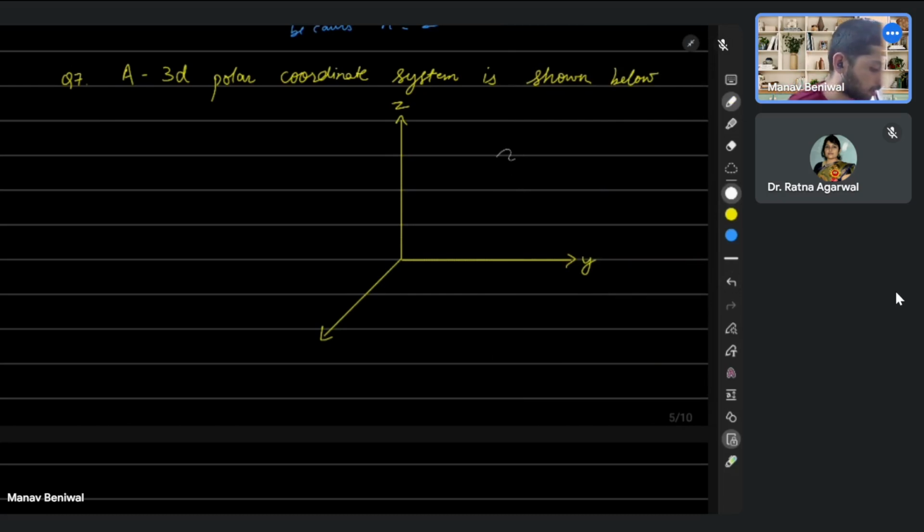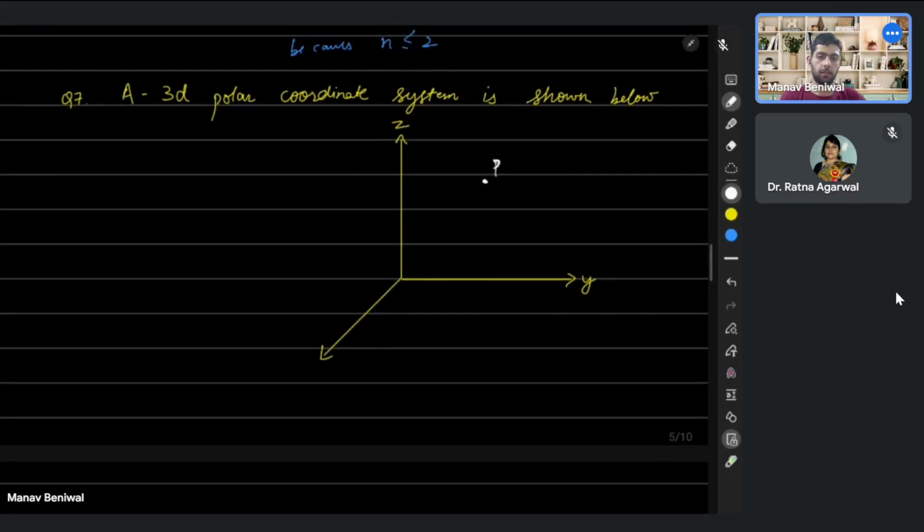Let's say this is some general point P. In Cartesian coordinates we can write its coordinates as x, y, and z, right? So you can move a certain distance in the x direction, and then a certain distance in the y direction, and a certain distance in the z direction, and you will get to this point.